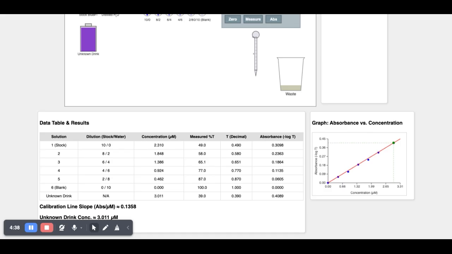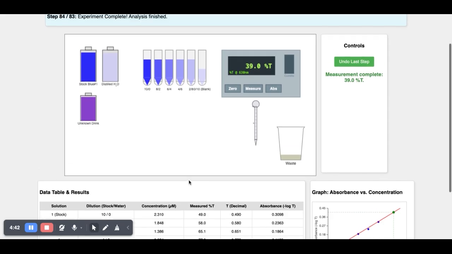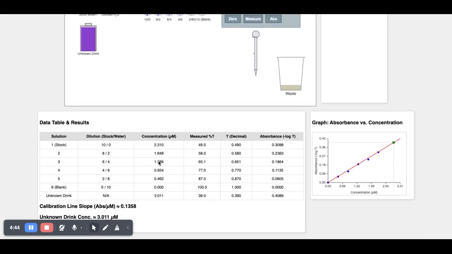Next, I measure the percent transmittance of the unknown drink solution. It is measured at 39%, which converts to an absorbance of 0.4089. To find the concentration, I apply the absorbance of the unknown to the calibration line equation using the relationship concentration equals absorbance divided by slope, which equals 0.4089 divided by 0.1358.